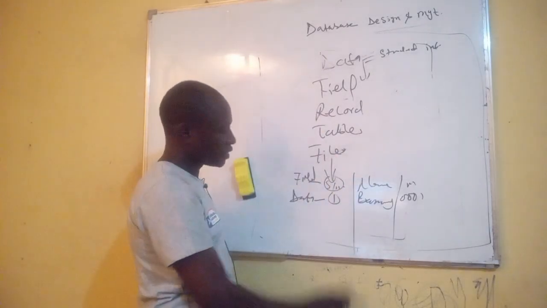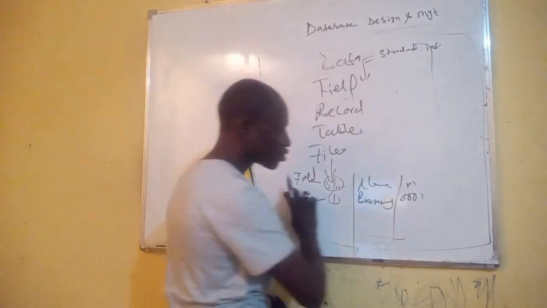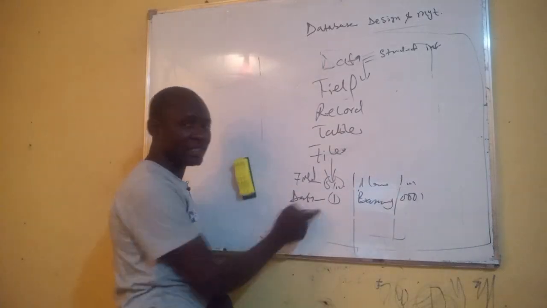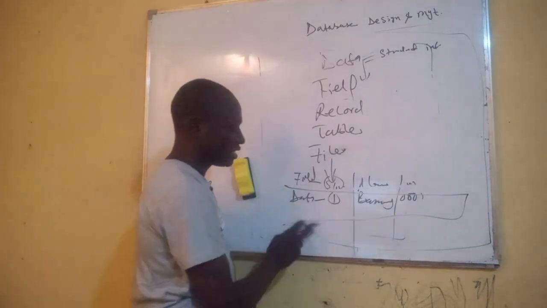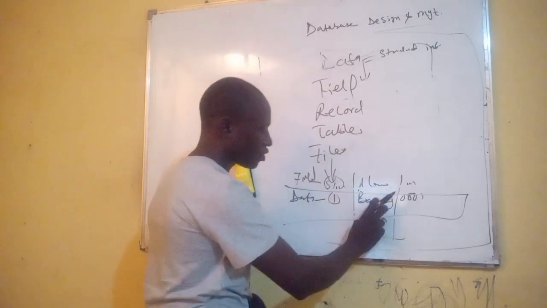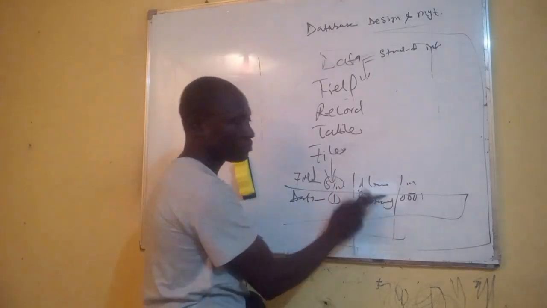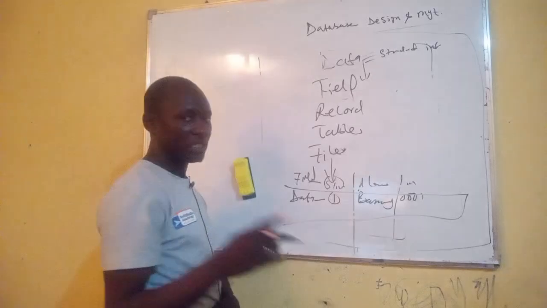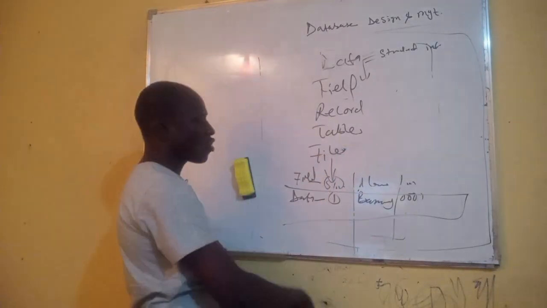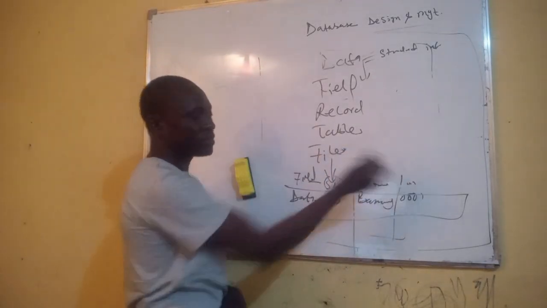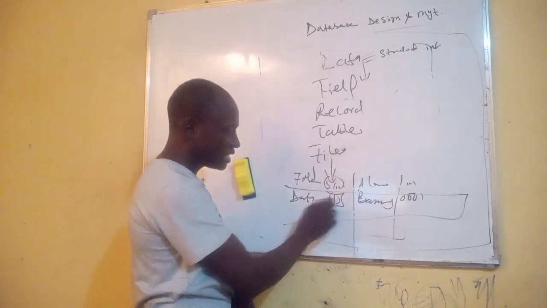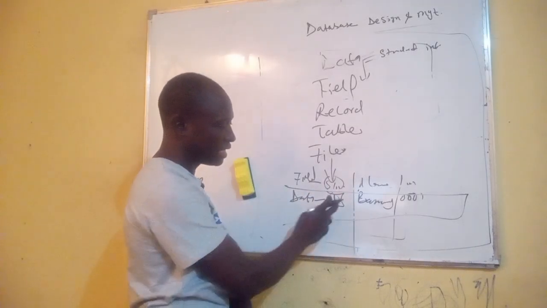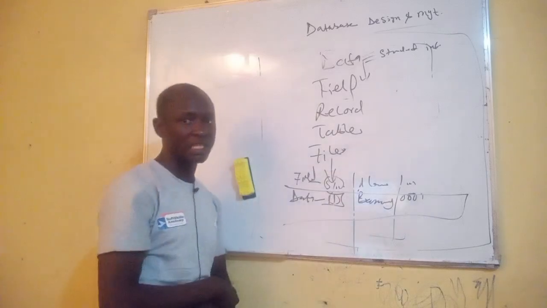The column is a field. The row is the record of a particular given entity, either the record under serial number one, called Bamanga's record. The field is the column termed with serial number, names, and matric number. Whatever you place in here is the data.